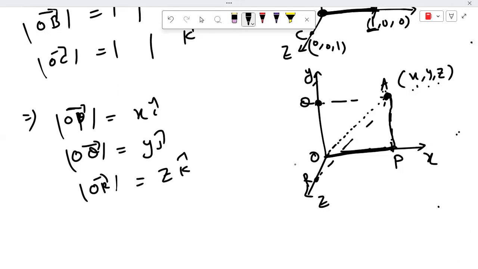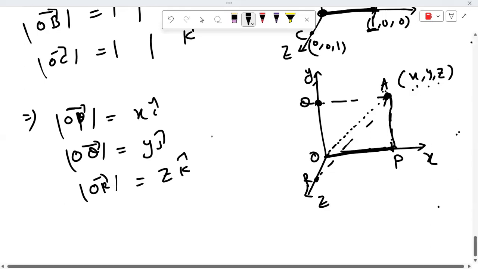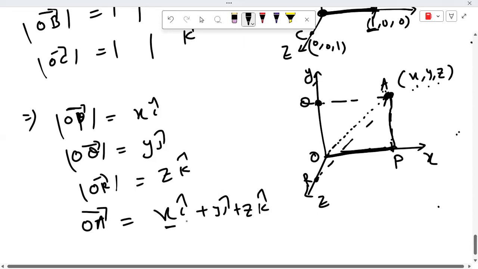Yes, sir. So OA vector will be x I cap plus y j cap plus z k cap. Does anyone have any issue? To reach A, I have to walk x units in the direction of x-axis, y units in the direction of y-axis, z units in the direction of z-axis. Then I will reach A, and that is OA vector.